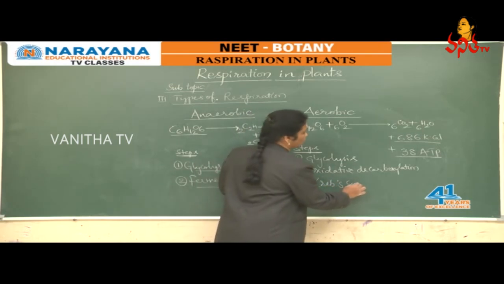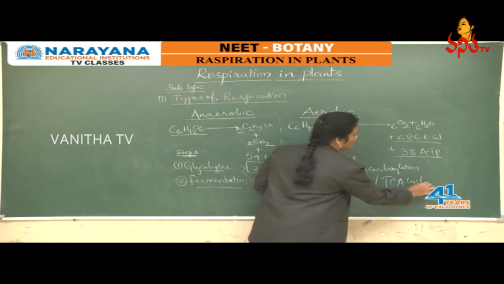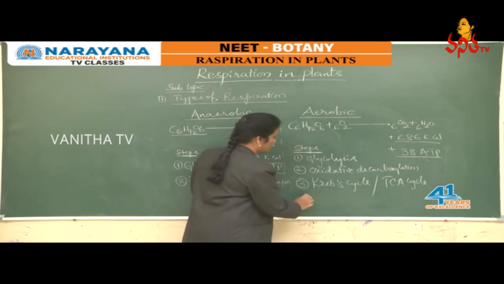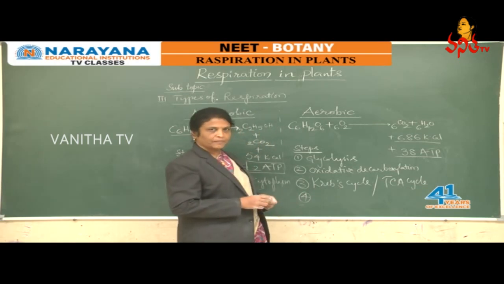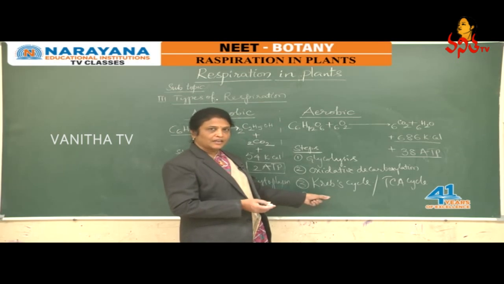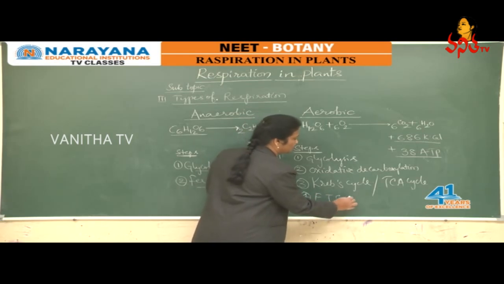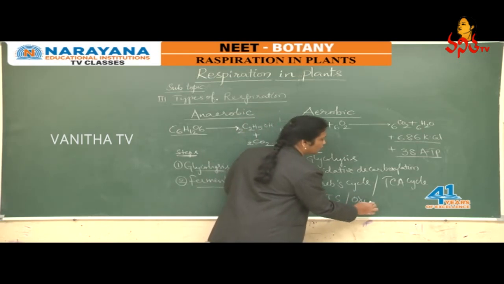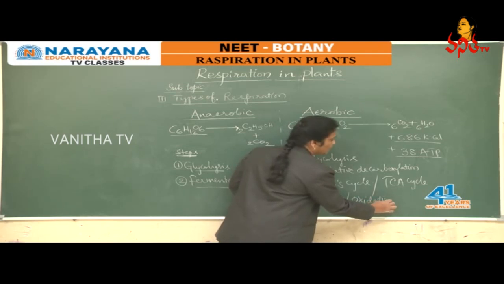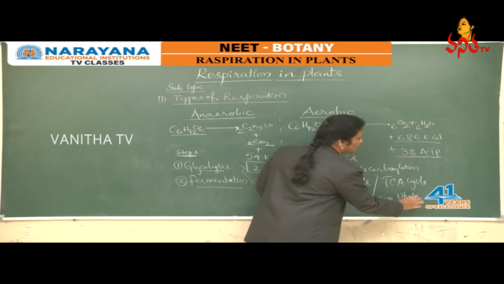Krebs cycle can also be referred to as the TCA cycle, tricarboxylic acid cycle, and the fourth, very important step: the energy liberated during all these steps is finally converted into ATP molecules, and that is the electron transport system with oxidative phosphorylation. Electron transport system associated with oxidative phosphorylation.